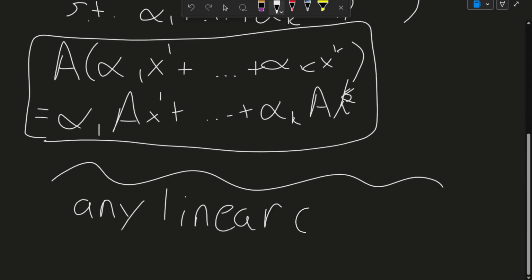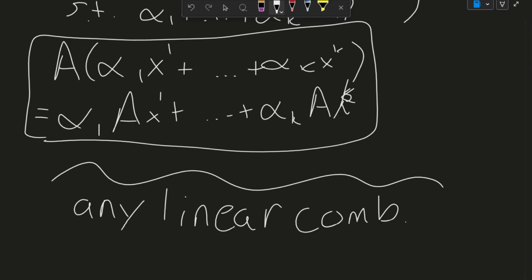Any linear combination, so that's quite a large set of combinations. That's any sum of scalar multiples of vectors this has to distribute over. So this is a large set of things.